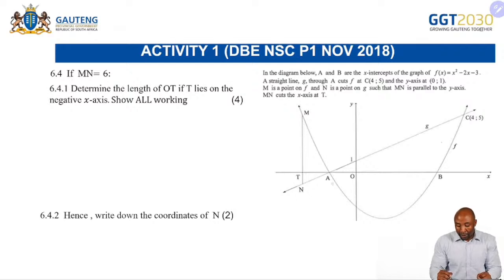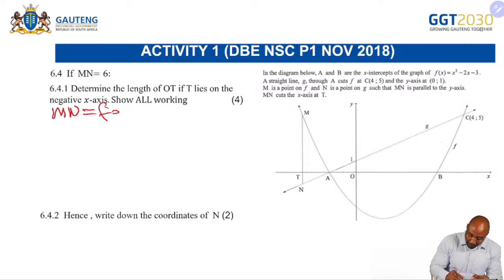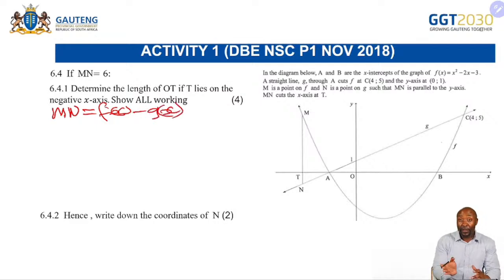So this means it's implied information. We must get the length of MN in terms of our functions, and we know that MN will be given by f of x minus g of x. It's always the upper function minus the lower function.